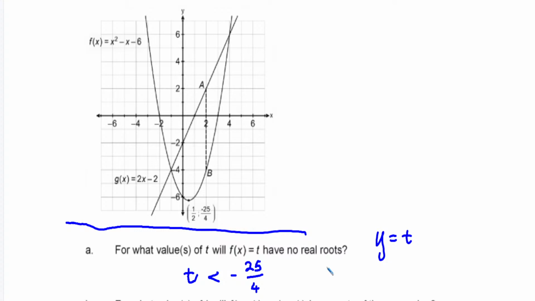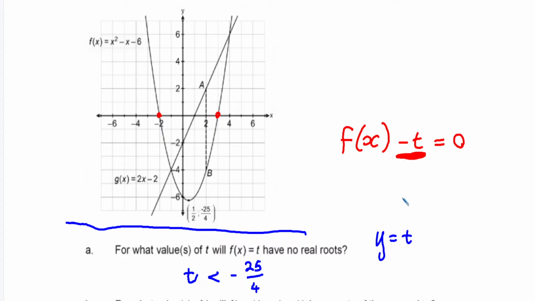Another way of doing this is to say, well, f of x minus t equals 0. Now, at the moment, f of x has two x-intercepts. Having a number over here will shift the graph up or down depending on the sign.